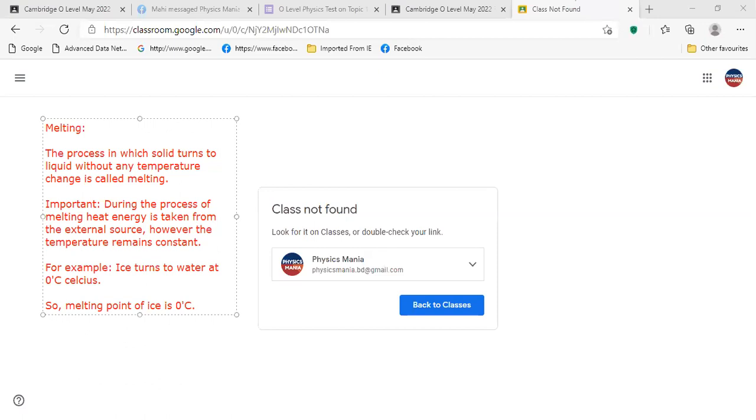When you are pointing to the temperature, that is called melting point. The temperature at which solid turns to liquid without any temperature change is called the melting point of that object, isn't it? Like the melting point of ice is 0 degrees Celsius.